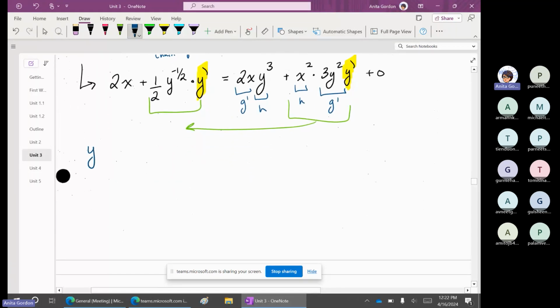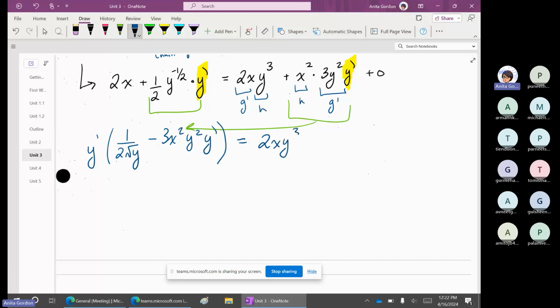This is going to give me y prime bracket 1 over 2 root y minus 3x squared y squared y prime. Close bracket. That is my factor when I pull out the y prime. And I'm going to move everything else to the other side. So the other side already has a 2xy cubed. And I'm just going to take this term and move it to the right as well. So minus 2x.